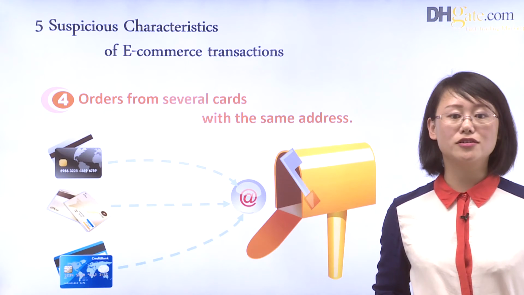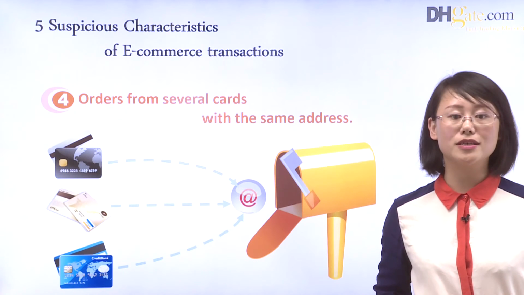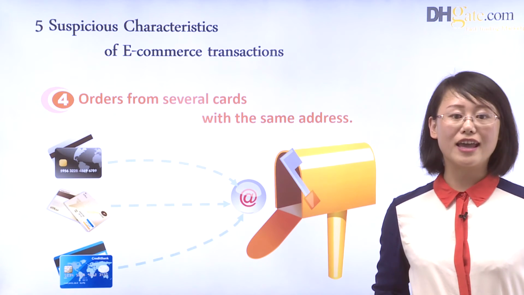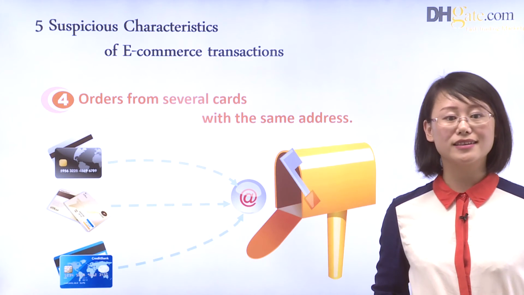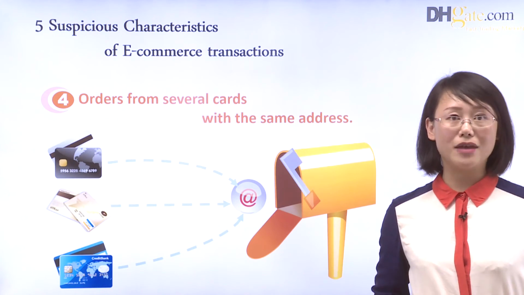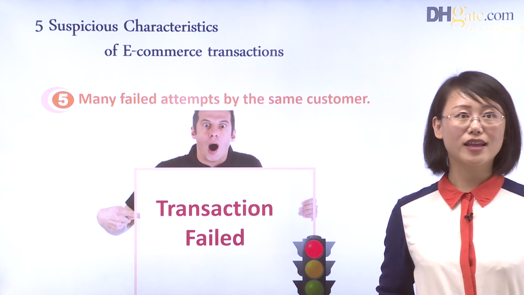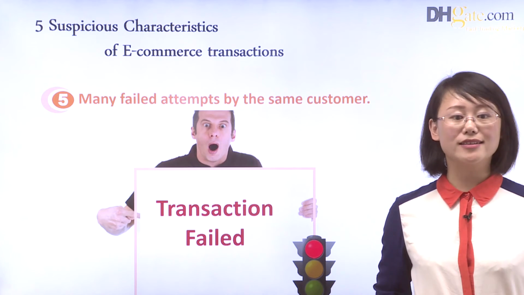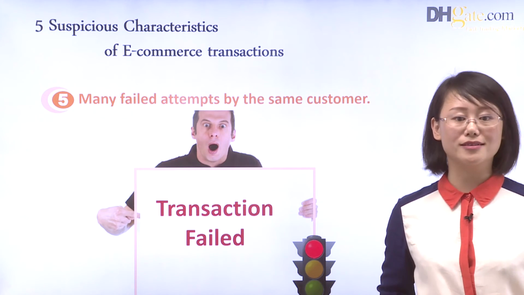Maybe they have stolen a wallet with credit card information, or got several credit card details from the black market. They're trying to use as many credit cards as they can to get profit. The fifth one is many failed attempts by the same customers.